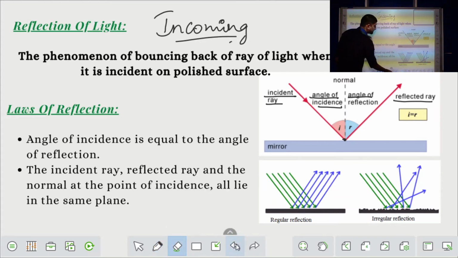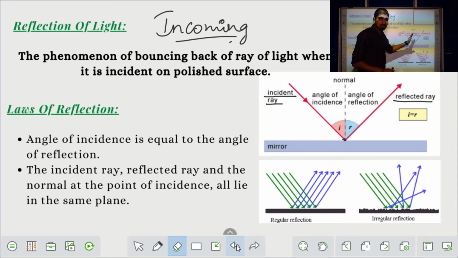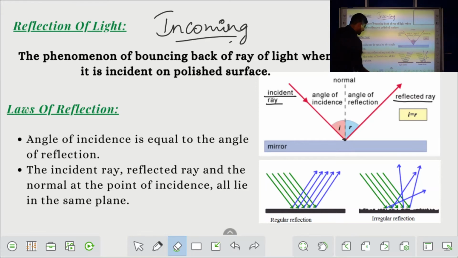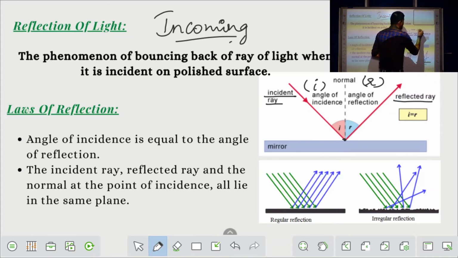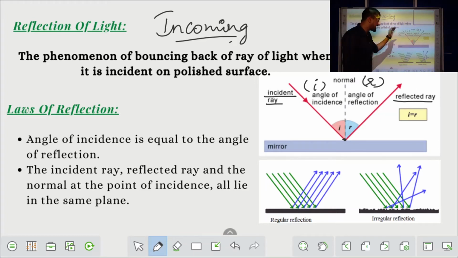It is the angle with which the light falls on the surface. And the angle of reflection is the angle at which the light got reflected. The angle of incidence is represented by the letter i. Don't use a capital letter I; you will be using small letter i and r for the angle of incidence and angle of reflection.